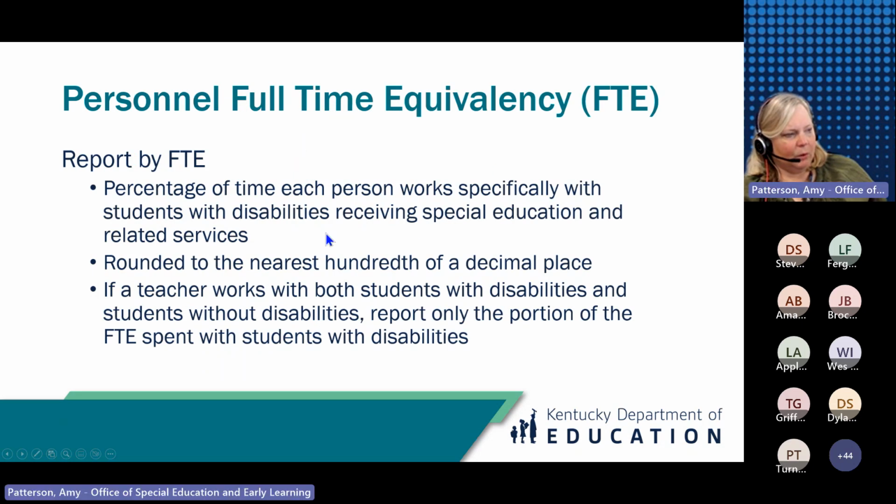And then we get the full-time equivalent. So you're going to round it to the nearest hundredth of a decimal place. So like a percentage. Like if it's 0.01, that's 1% of the day or 1% of the week or 1% of however you want to do that. Like 1% of their time. And you only want to report the part where they work with students with disabilities.